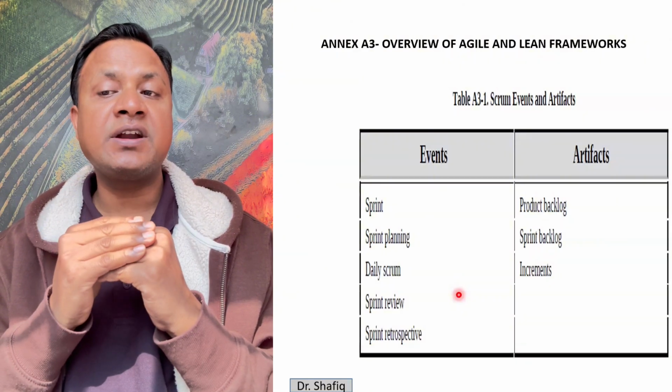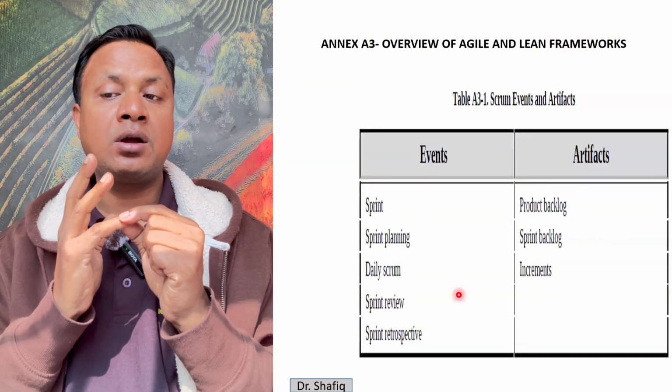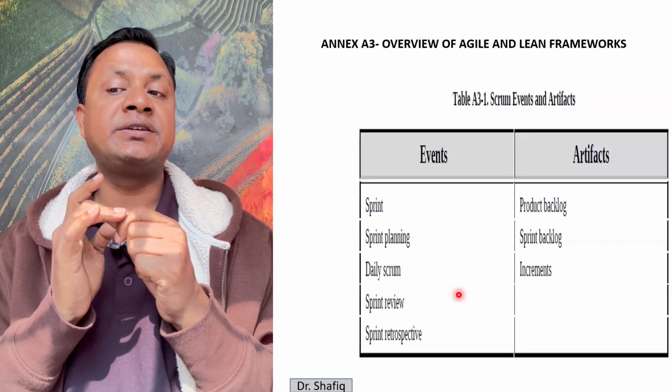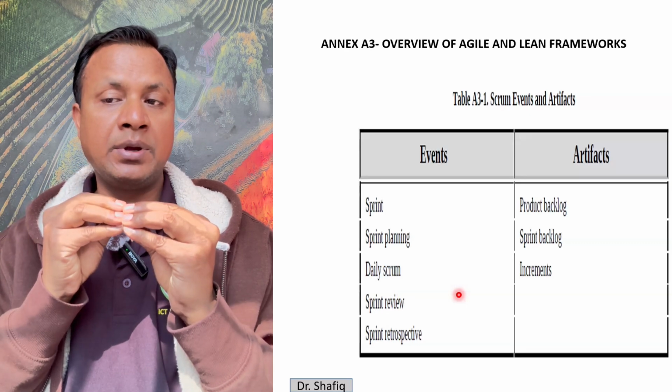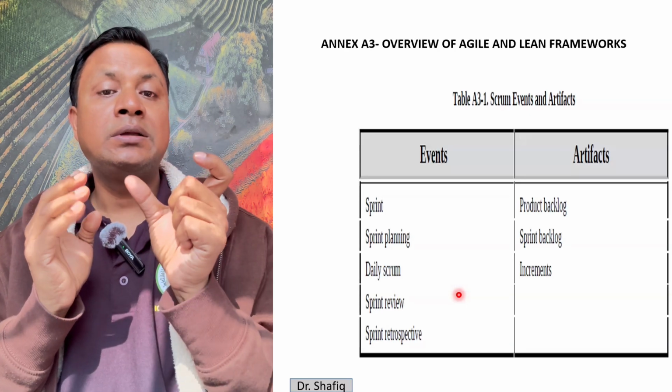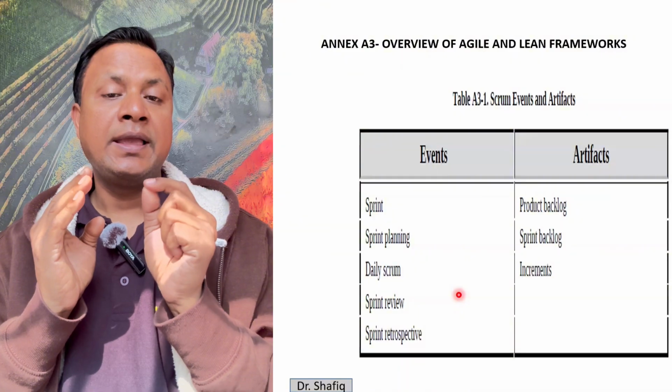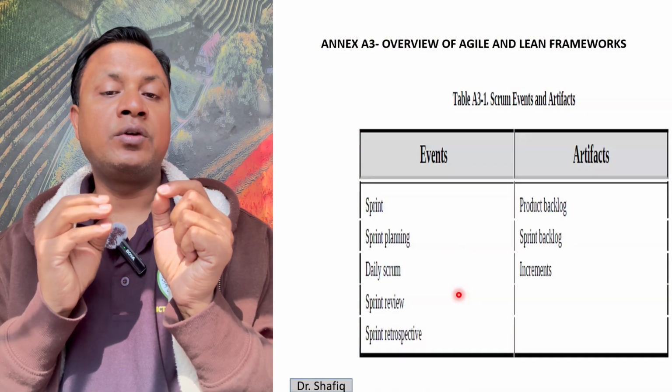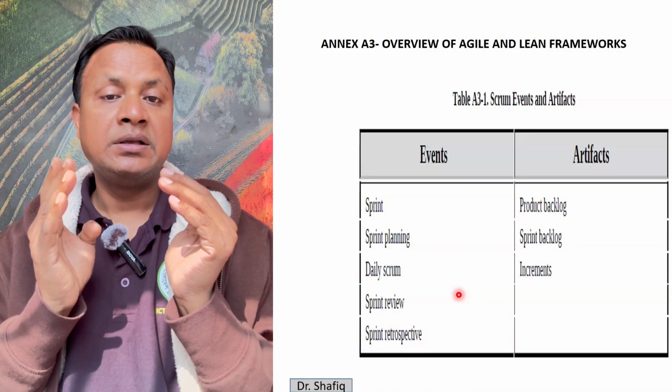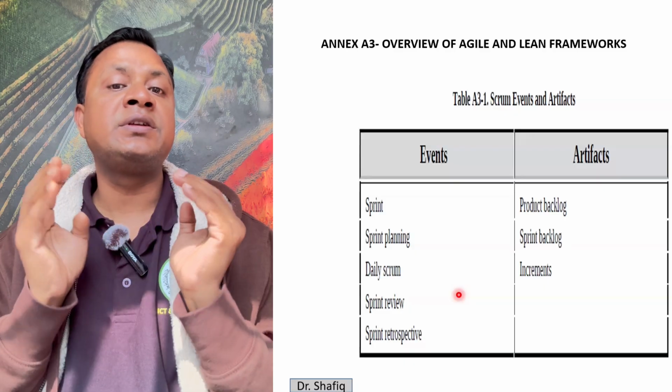And what are the artifacts? We have product backlog, sprint backlog, and increments. What is the difference between them? Product backlog is all the things of the product. As I have given the example, one company is making a website. For the website, we have many things to do.